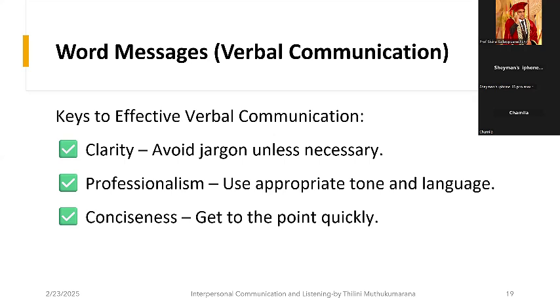To do that, you have to avoid jargon, and it should not be overcrowded with words, right? It's simple, short and sweet. What you have to say should be understood by the other person. And also, you have to use the appropriate tone and language. So when you conduct a meeting, you have to use the appropriate tone.